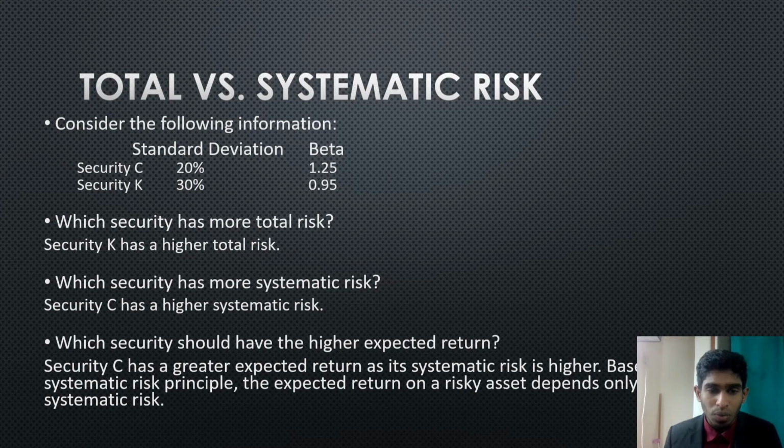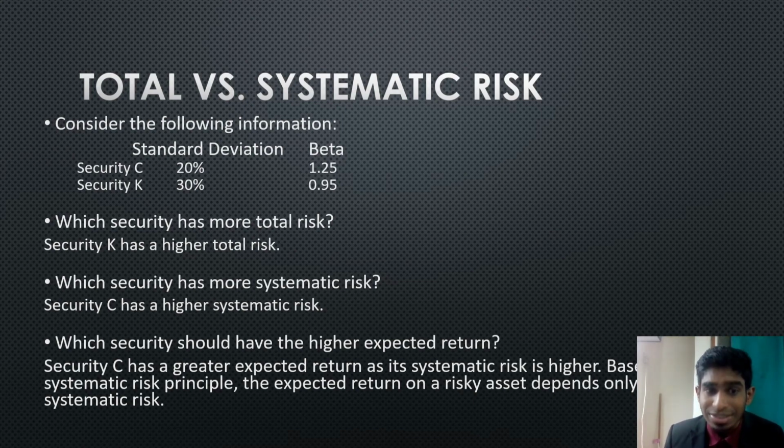Macam tu. So automatically direct to the second question lah. Which security has more systematic risk? Kalau more than 1, so security C. Security C has a higher systematic risk. Okay, kita balik kepada soalan satu pula. So, which security has more total risk? Total risk, there are two ways. The formula of total risk apa?